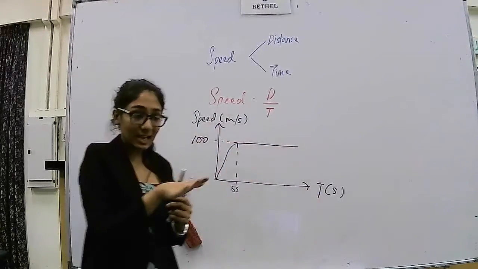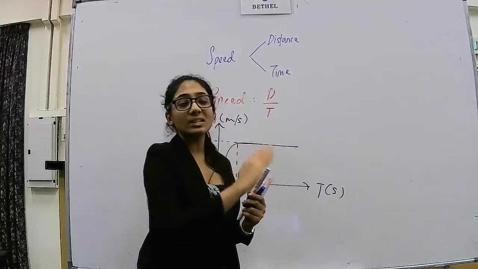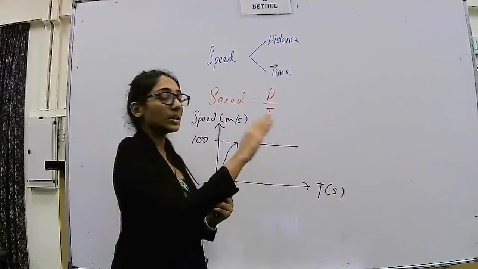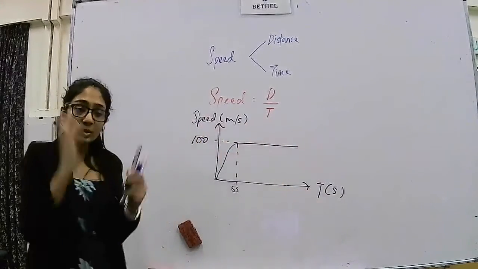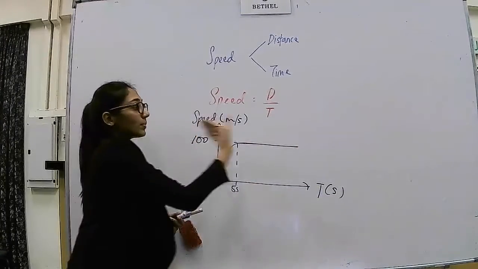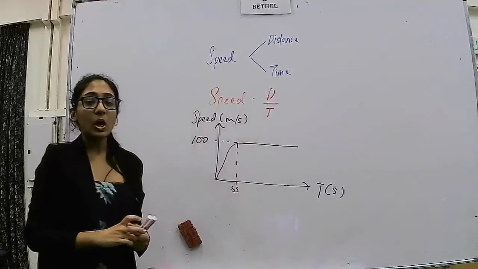That means the car is moving, but the speed is not changing. The car is not accelerating. That means it's a constant speed throughout the whole journey. So that is a speed time graph. We look at a graph, and we must be careful what type of graph we are looking at. Then you will be able to analyze what is happening in the graph, what is the motion of the object.